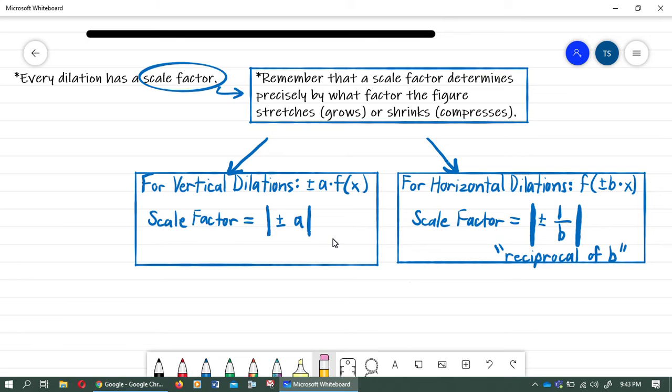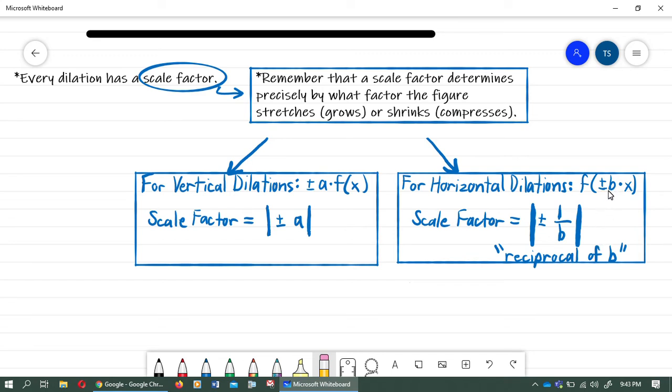Anyway, for horizontal dilations, those are ones where you are multiplying some number on the inside of the function with x. The scale factor for horizontal dilations is going to be counterintuitive in a way that seems almost unnatural.